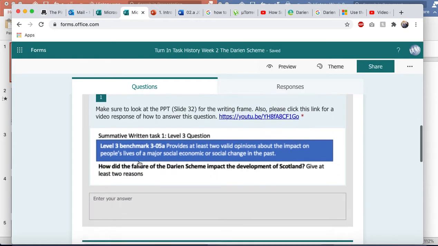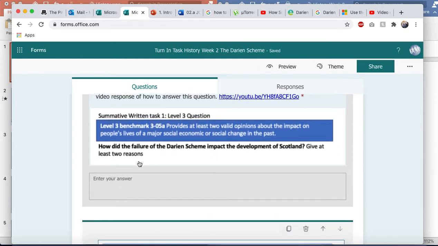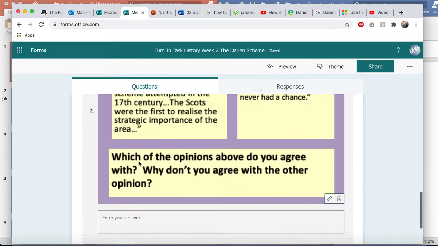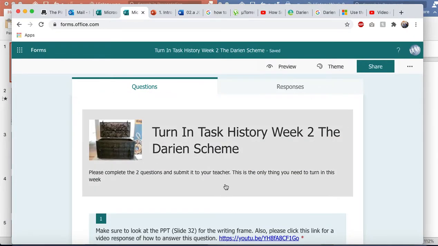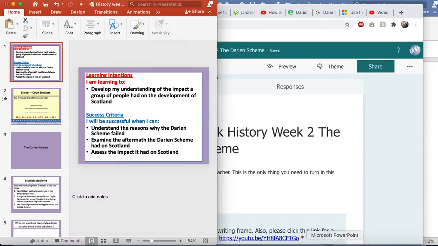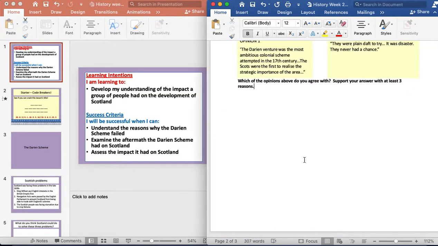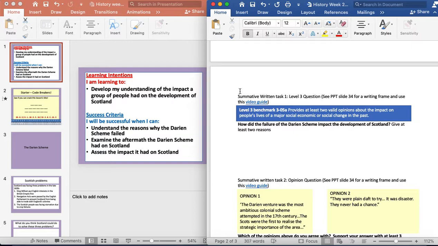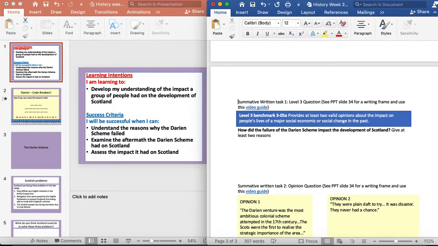Your turn-in task, the only thing you're turning in, is once again this week going to be a form where you're going to answer 2 questions. So you're doing 2 pages on your wee workbook, going through the PowerPoint, and then you're going to work on those 2 tasks. These are to be completed in the form.